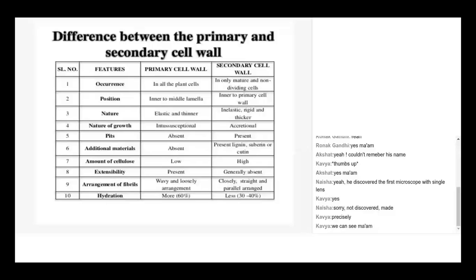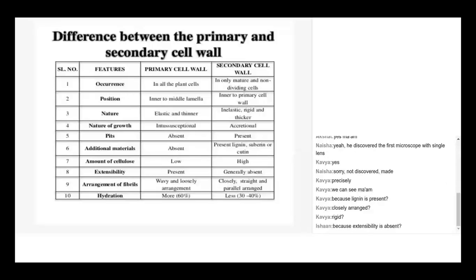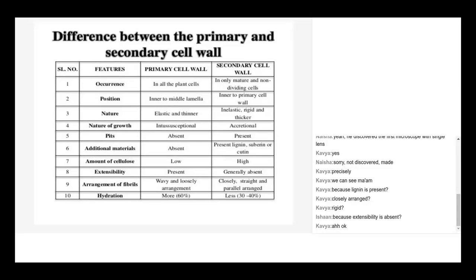My question is why we see pits, I mean the gaps, only in the secondary cell wall, not in the primary cell wall. Here, because of the lignin, the permeability, the exact word which we have to use here regarding pits, is the permeability of materials from outside the cell into the cell. That is considered as the presence of pits in the secondary cell wall.